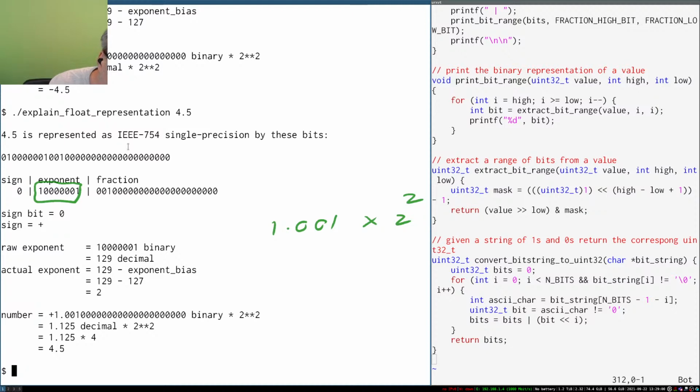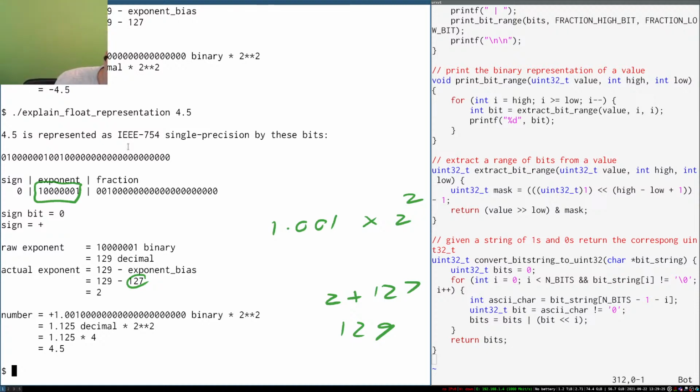It's called the bias, doesn't mean a lot, you just add 127. So that will give us always a positive number to store for the exponent. So the exponent we want here is 2. You add 2 to 127 and you get 129. And if you do the calculation there, is that 129? Yes, that's 129 in binary.